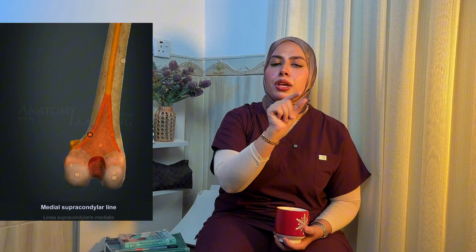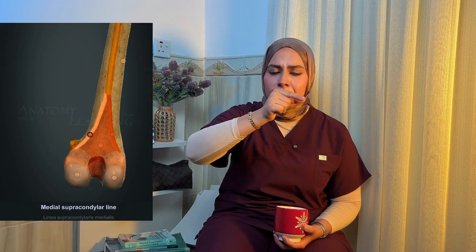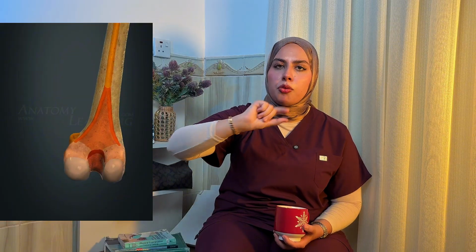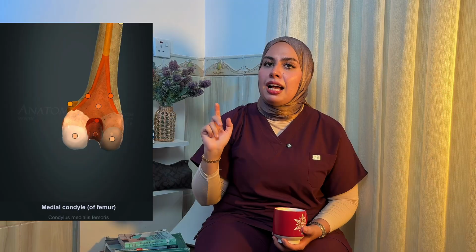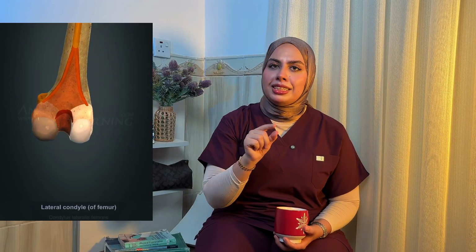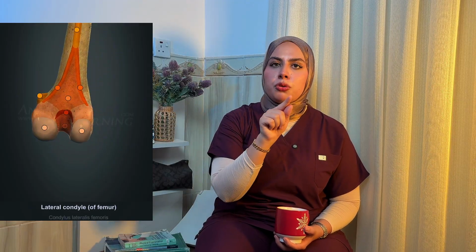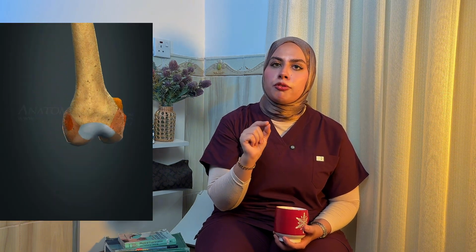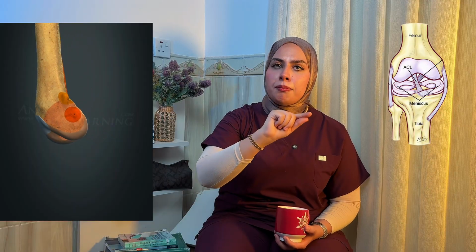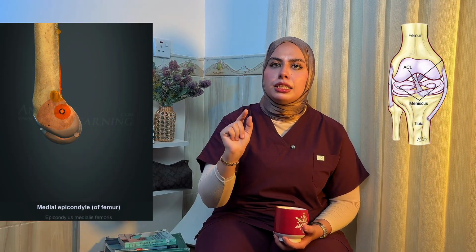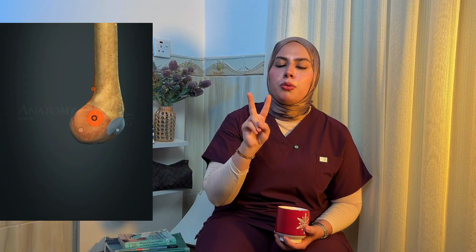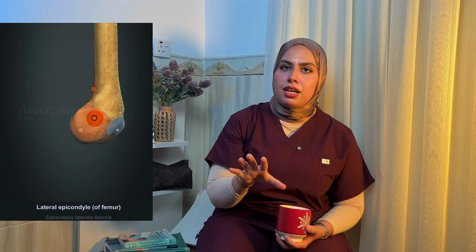Then above each medial condyle and lateral condyle, we have the medial epicondyle and lateral epicondyle, which means above the condyle. They are the attachment of the collateral ligaments. On the medial side, we have the medial collateral ligament attached to it, and the lateral one is the lateral collateral ligament. So we have these on the posterior side.